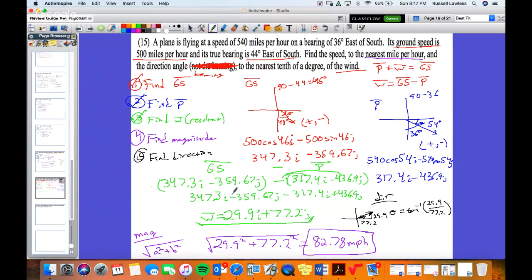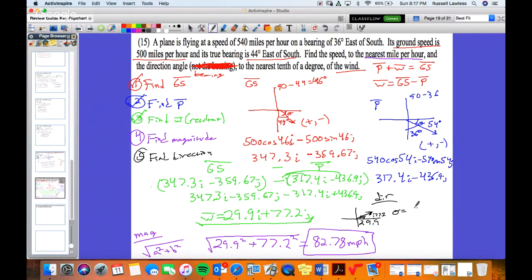Oops, I messed that up. I wrote these down wrong. And the reason I know I messed them up is that 29.9 is your i vector, so 29.9 should be the x, not the y. So it should have been 29.9 here and 77.2 there.